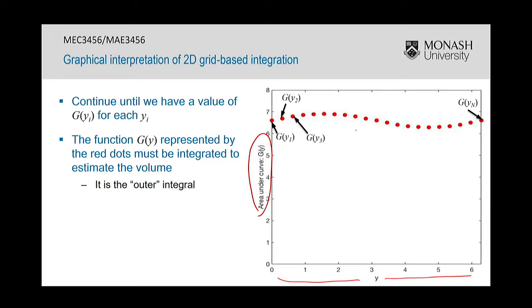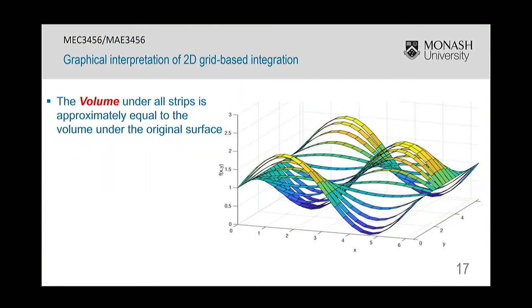We need to integrate this function to estimate the volume underneath the surface. This bit here is performing the outer integral. The volume under all the strips is approximately equal to the volume under the original surface. Now, the way we've done it here, it's not necessarily a very good approximation. We've used a very simple approximation here.